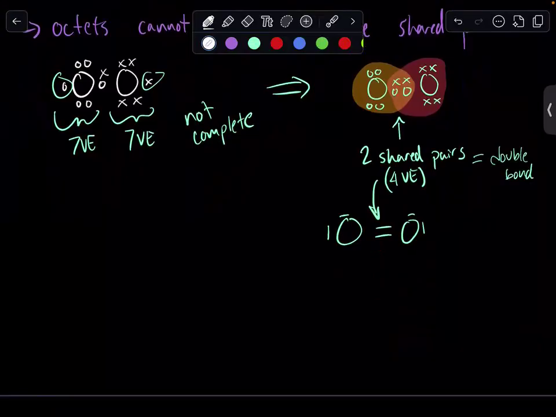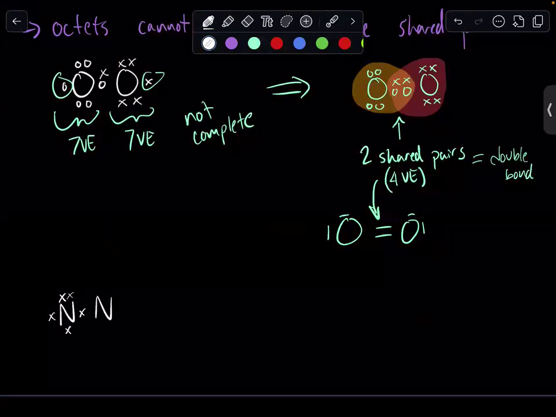However, sometimes two is not enough. If we take another example of nitrogen, which has 1, 2, 3, 4, 5 valence electrons, and we put it next to another nitrogen with 1, 2, 3, 4, 5 valence electrons, neither of them are complete. This one only has 6, and this one only has 6. So why don't we add another?